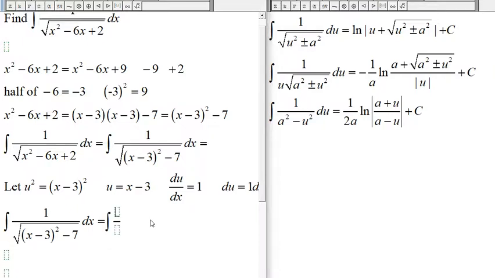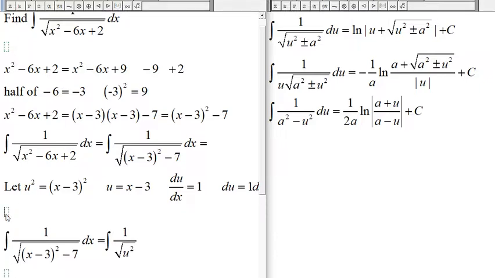So this becomes 1 over the square root of x minus 3 squared, we call it u squared, and then 7, and then we've got to let a squared be 7. And then take the square root of both sides.